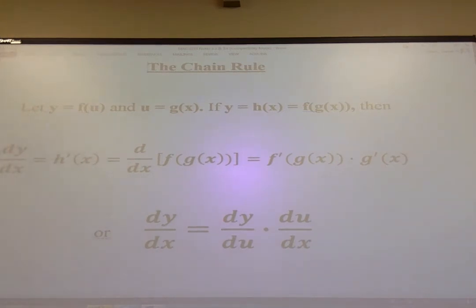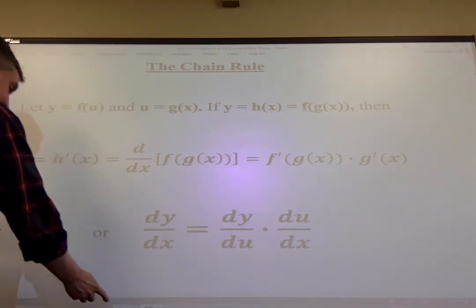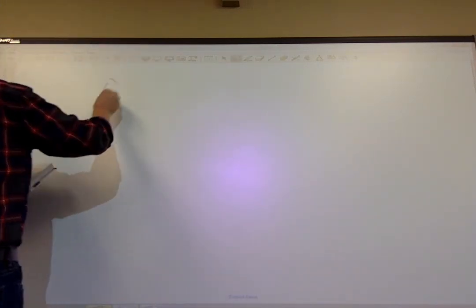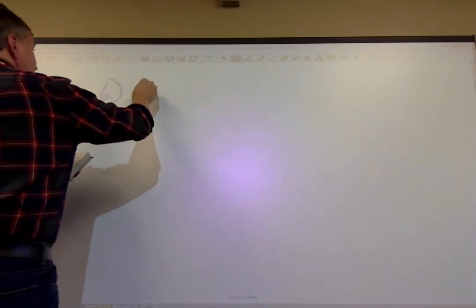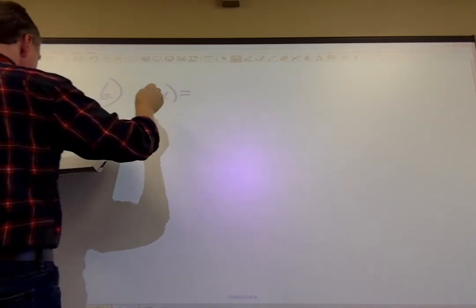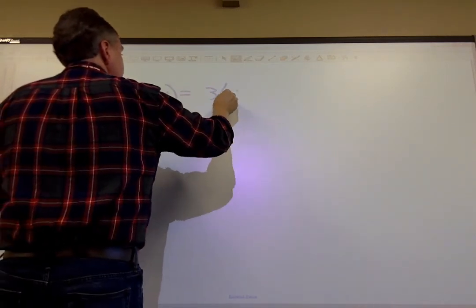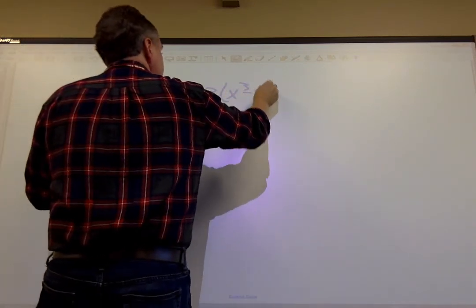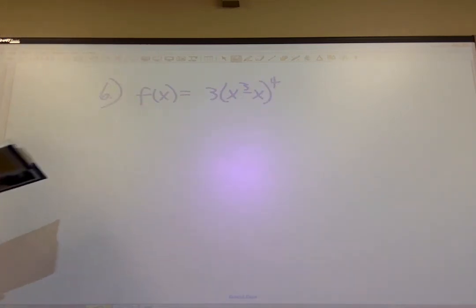Look how easy it's going to be to use them. What if we tried number 6 on page 181? Number 6 says f of x equals 3 times x cubed minus x to the 4th power.